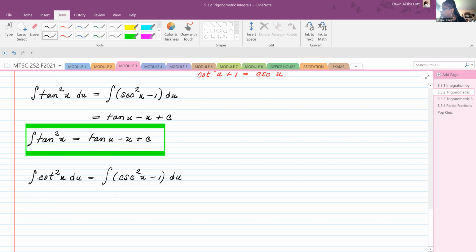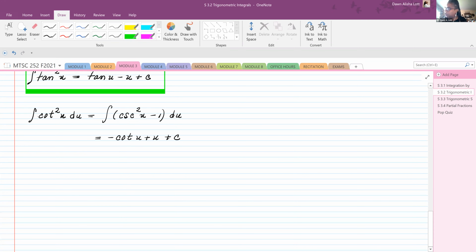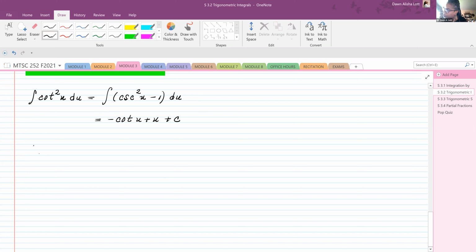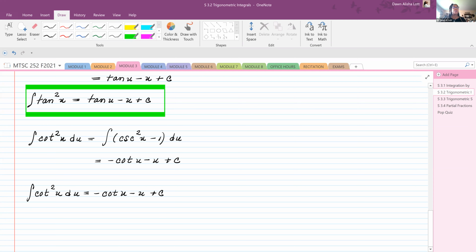So this turns out to be minus cotangent of u minus u plus a constant. So now we get the integral of the cotangent squared of u du is minus cotangent of u. Oh, that should be minus u. I switched it to a plus. Minus u plus a constant. Did I do that up there? Nope, it's still negative. Okay.